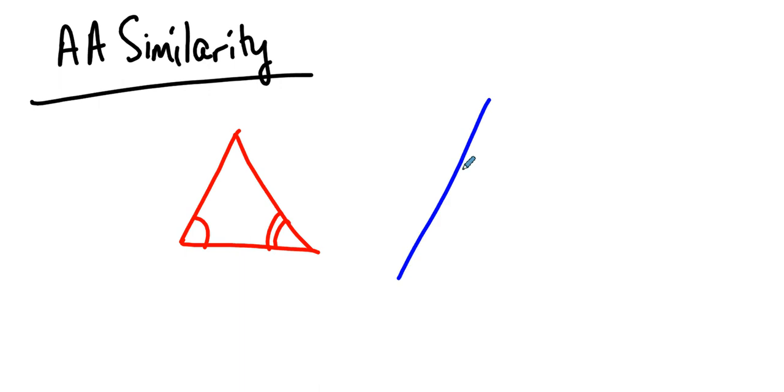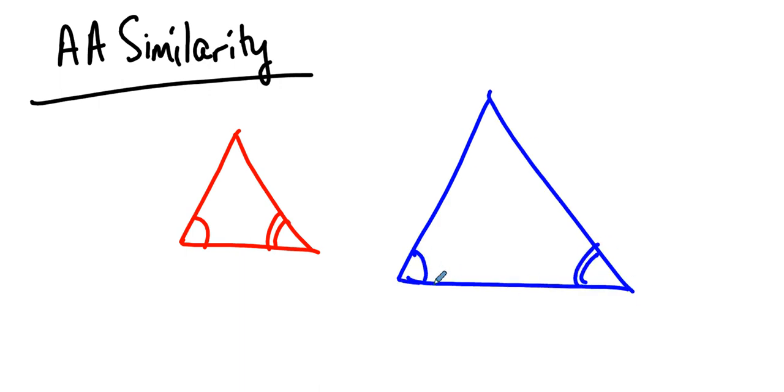One way is what we call angle-angle similarity, which feels like it makes sense. This angle and this angle congruent to this angle and this angle. You should pause the video to think about why that's enough information. Well, that's enough information because, did you pause?